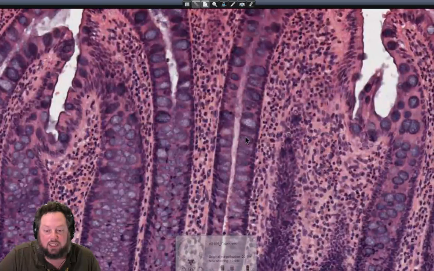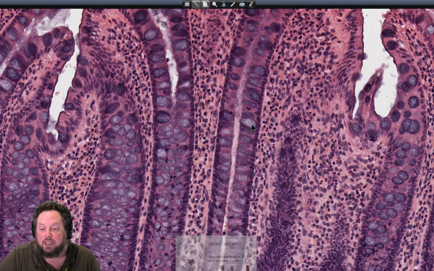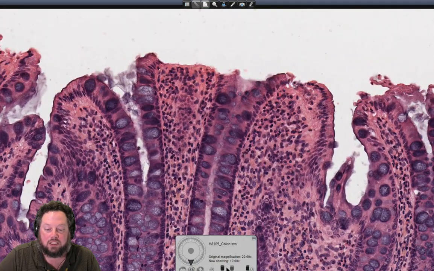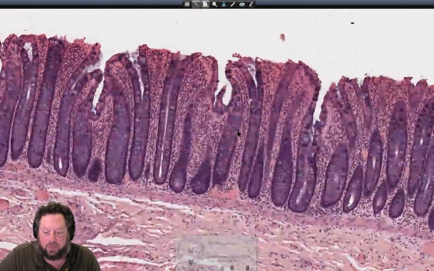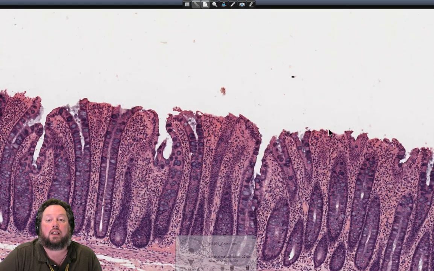You can see here that the goblet cells are actually producing quite a basophilic looking mucus. So there must be lots of acids on the surface, sialic acid on the surface of the glycoprotein that makes up mucus here, which is accounting for the acidophilia. So we don't have those surface mucosal projections of villi like we saw in the small intestine.